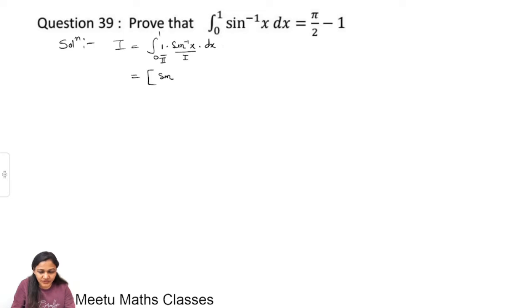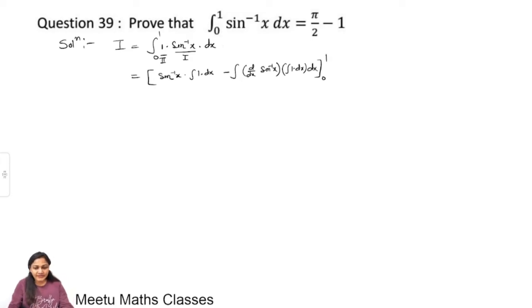We can use by parts: first function as it is, integral of second, minus integral of derivative of first, integral of second dx, and finally we are going to put our limits.